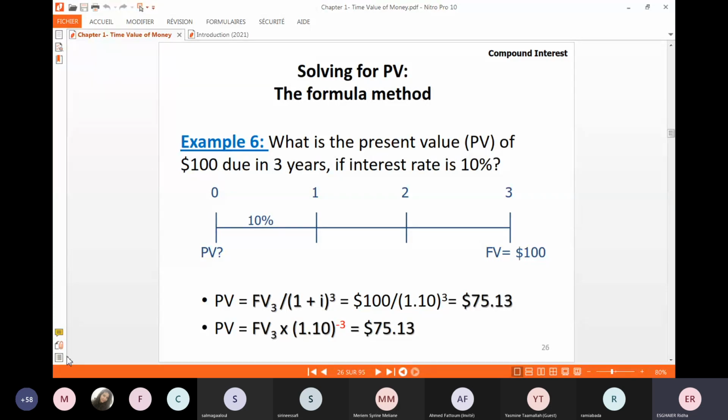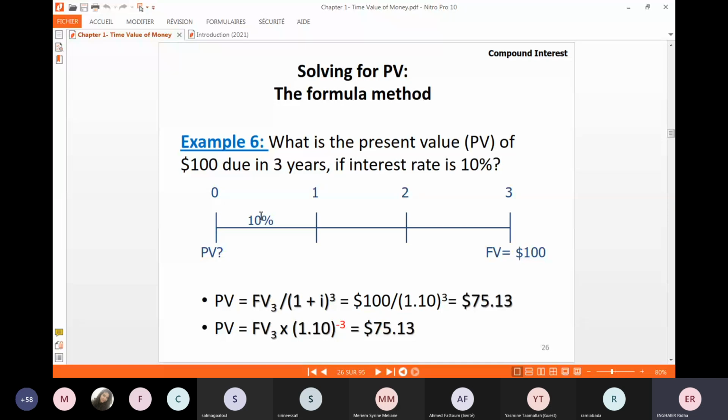An opportunity cost, because if you do not wait until 3 years to pay your friend, you will lose these 10%. You would have earned 10% if you kept the money, if you reimburse the money to them.